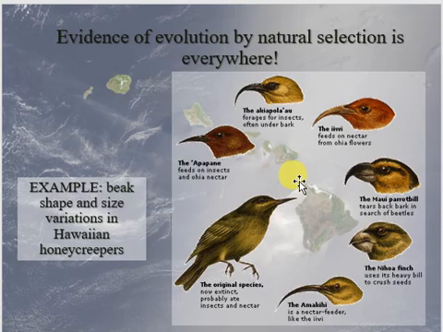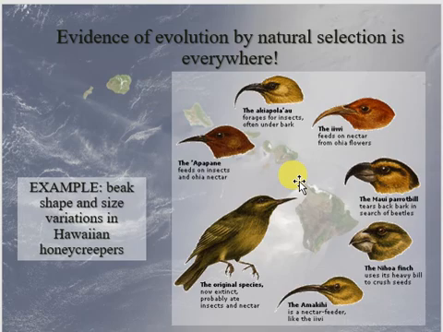So what happened is a bird from one island would migrate to a new island and encounter this vast openness of ecosystems and niches that could then cause them to adapt and branch off into new species.